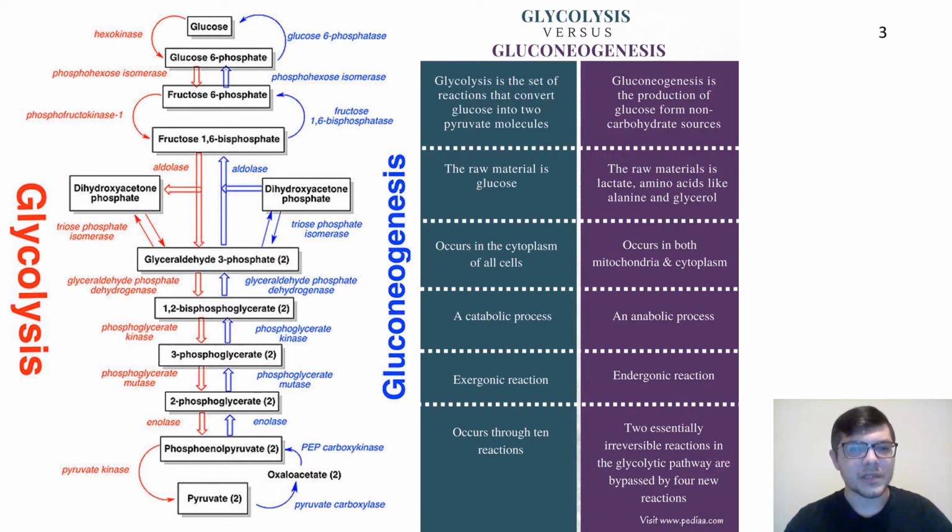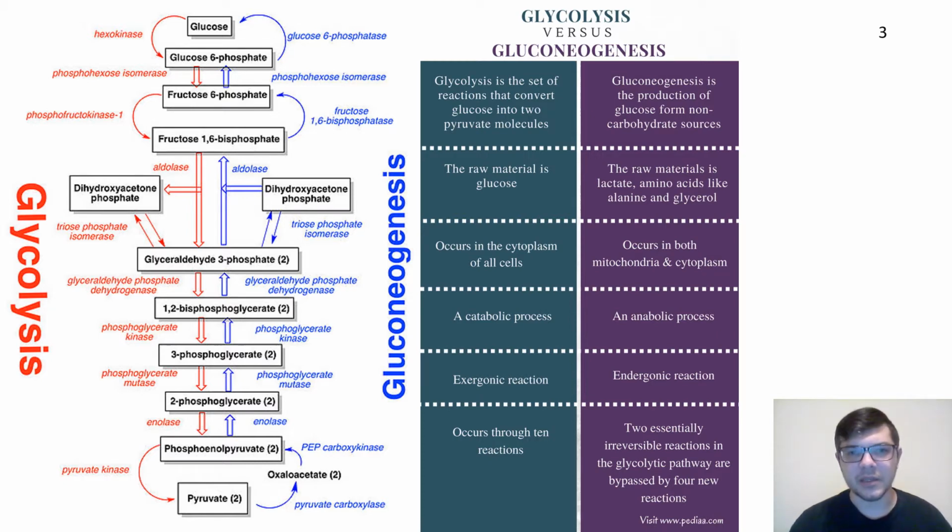Now, with these, most of the steps are actually very similar, and in addition to them being similar, a bunch of the reactions at different points are reversible. However, there are a few different reactions that are specific to each of the two different processes.